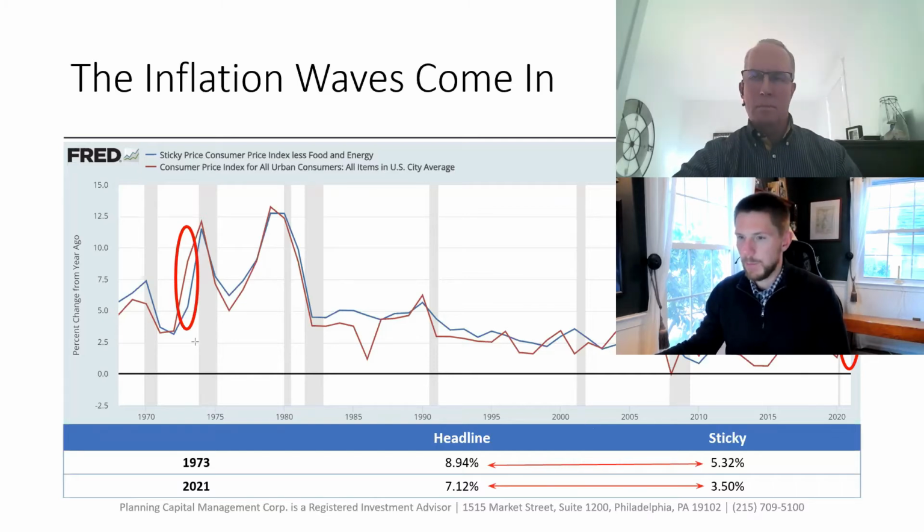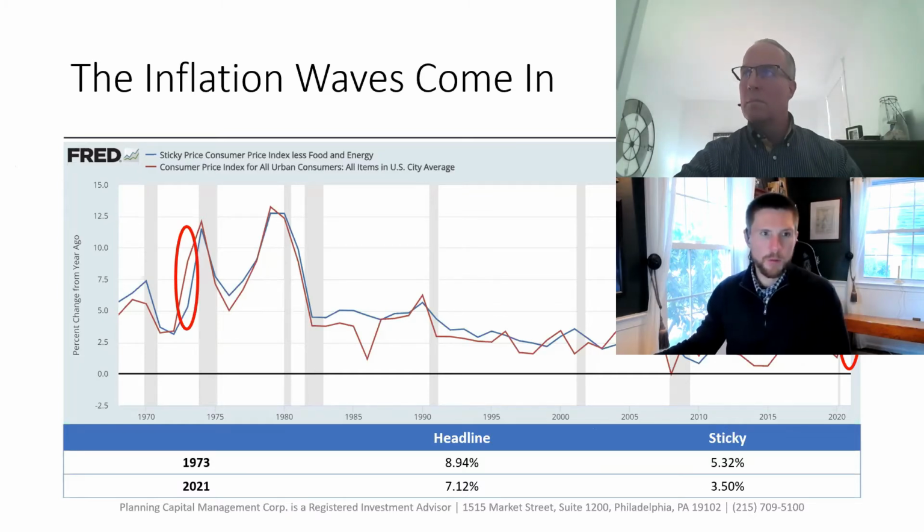But when that headline inflation pops up and both of them are moving in that direction, the point is that this is indicative of a major shift in the way that the currency is being valued.